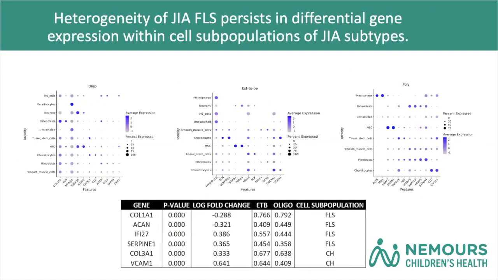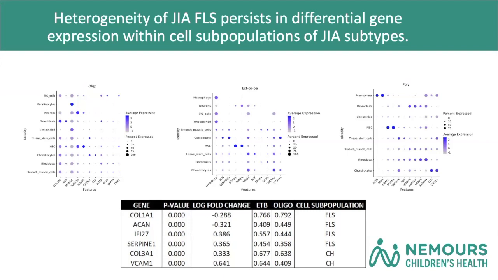While many of the genes overlap, the unique genetic fingerprint of these subpopulations shows that even in a single uniform cluster of cell-like cells, chondrocyte-like, fibroblast-like, or smooth muscle cell-like, there is heterogeneity between the JIA subtypes.